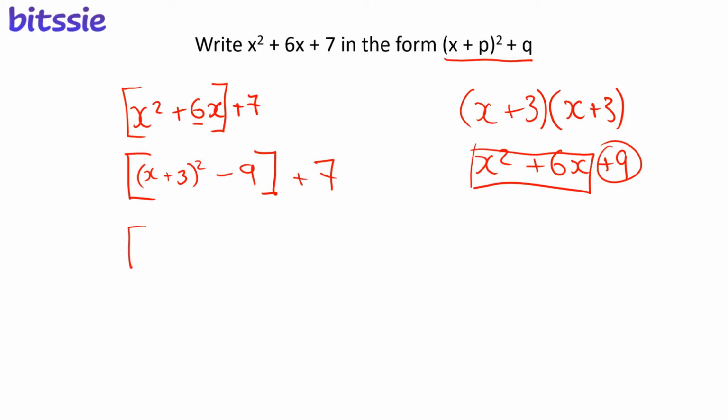Then we can get rid of the square brackets, giving us x plus 3 all squared minus 9 plus 7. And finally, we can simplify this by collecting like terms, which gives us x plus 3 all squared minus 2.